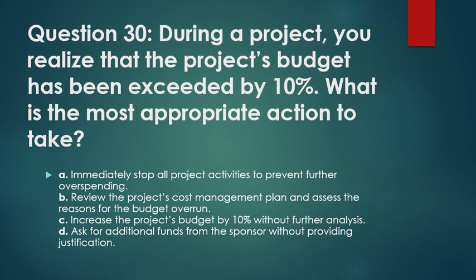Question 30. During a project, you realize that the project budget has been exceeded by 10%. What is the most appropriate action to take? I'm giving you some time to think.